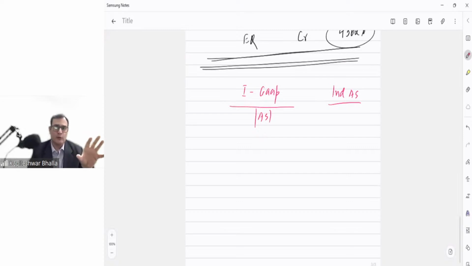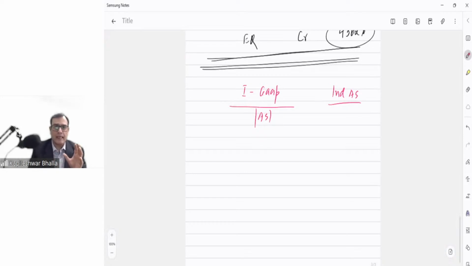One can avoid doing this discussion as well, but then you'll not be able to appreciate the standard in its real sense. So I'm going to spend that 1 hour with you, which is going to be very crucial in terms of building the concept on Ind AS 109. If you get this hang in the next 1 hour, trust me, you're going to become logically very clear on a lot of things. But let's begin the journey.